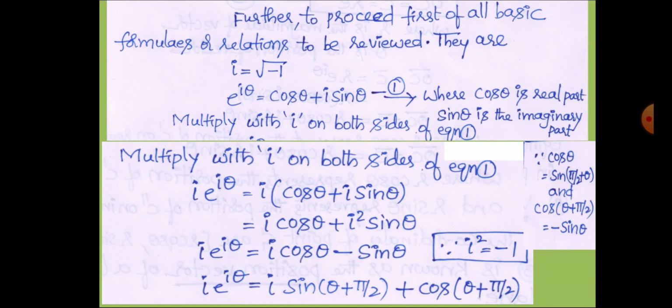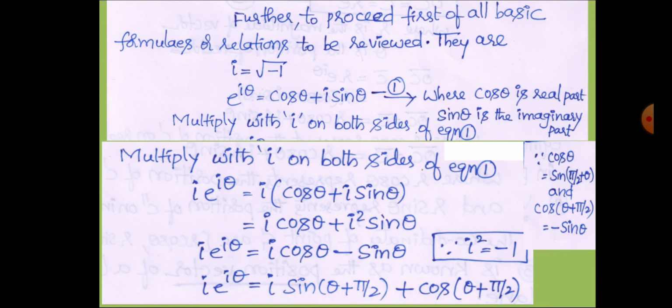And e power i theta is equal to cos theta plus i sin theta, where cos theta is called the real part and sin theta is the imaginary part. So these are the two things. One is i square, or j square; here I am using the notation i instead of j. So i square is equal to minus 1. Obviously then i is equal to square root of minus 1.